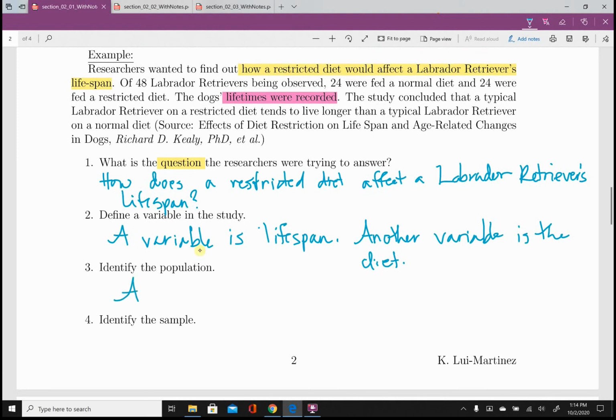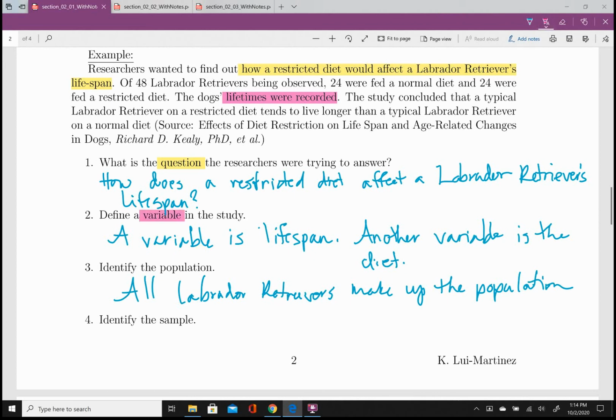Well, the sample is going to be just the 48 that are right here. All Labrador retrievers make up the population. Oh, another thing I wanted to do was to talk about variable in the study. It's lifespan, lives reported, and then also the diet is in there as well. Okay, cool.